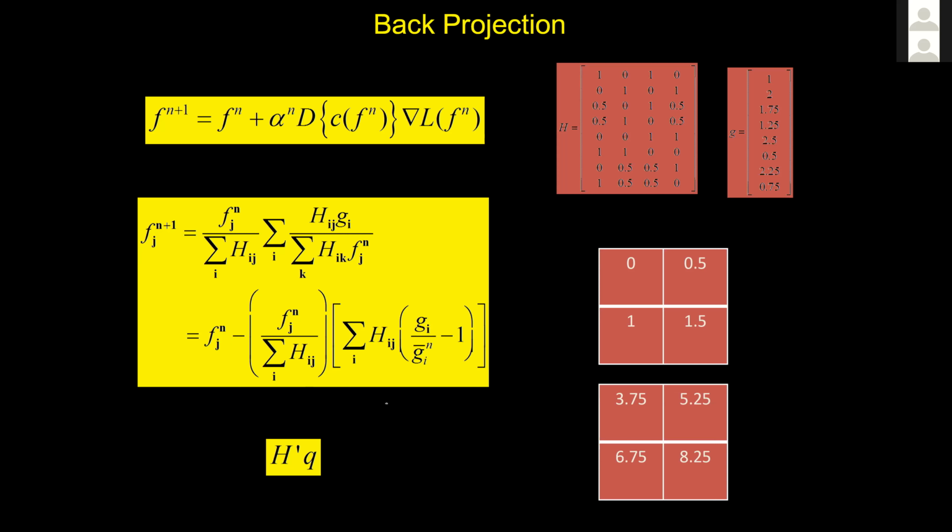So you can see that there are two important operators: the forward projection that we just described, and this one, where you get the error in the sinogram space, in the measurement space, and back project this to the image space. We call this the back projector.